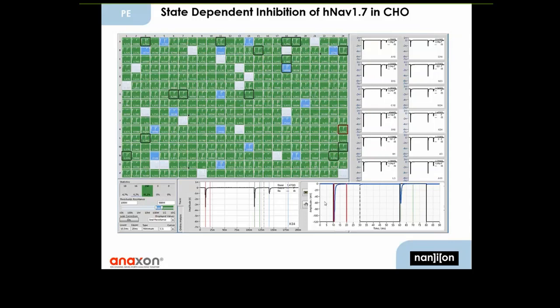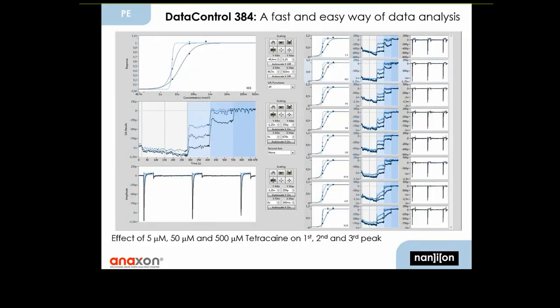And when you compare the results here, as shown by a snapshot from our data control software, you can see at the bottom the trace view of an individual cell with 3 different activations. In the middle, you can see the trace view for the 3 different pulses over time, the IT plot.